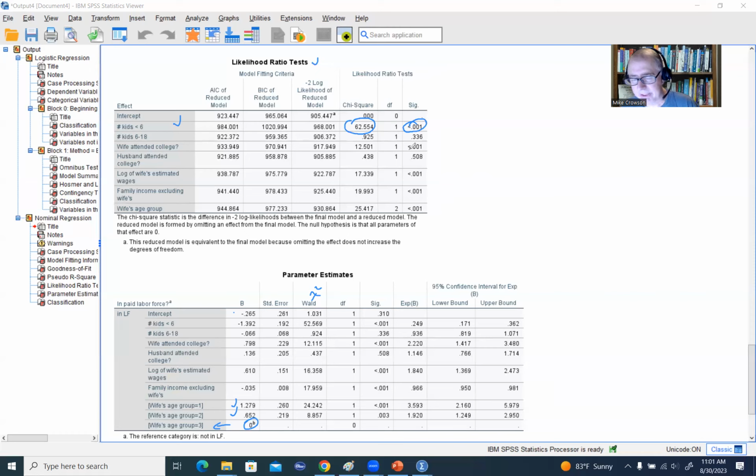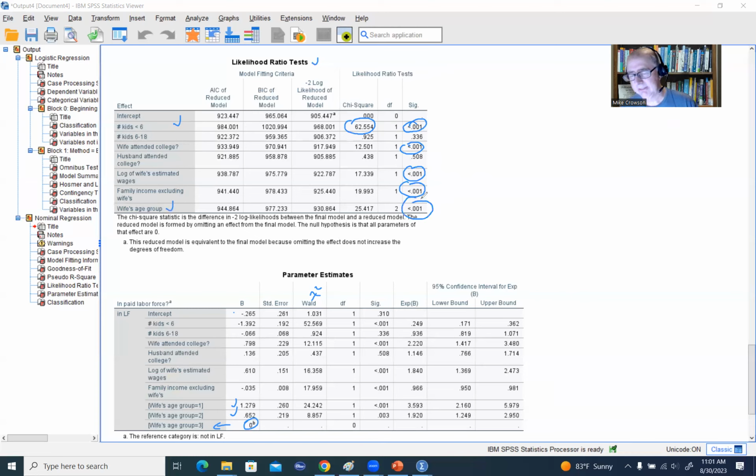So at any rate, you can see right there the number of kids less than 6 is a significant predictor. The wife attended college predictor is significant. The log of wife's estimated wages predictor is significant. The family income excluding wife's is significant. Now you'll notice that the wife's age group variable right here is statistically significant.